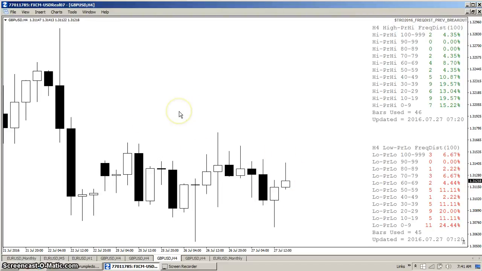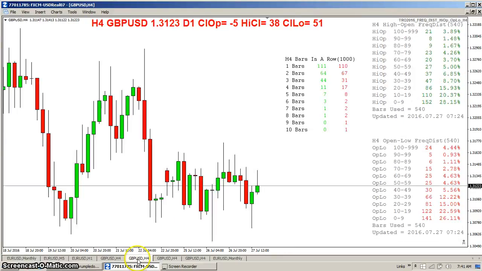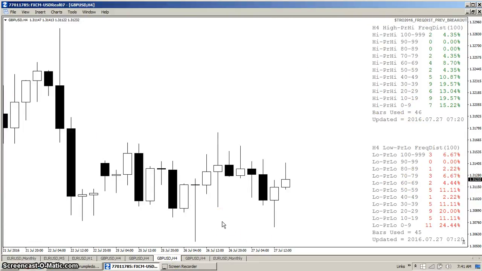So in other words, I went from just looking at the chart to saying, what do I see? Then I wrote some frequency distribution indicators, and I looked at bars in a row, so I could analyze the price and the potential. And to me, this is far superior to back testing because it's kind of like the uncertainty principle.